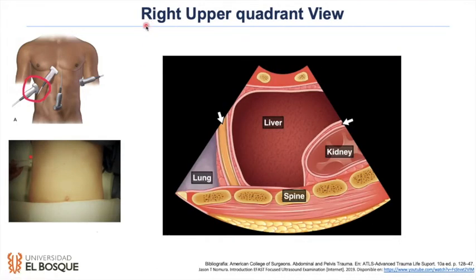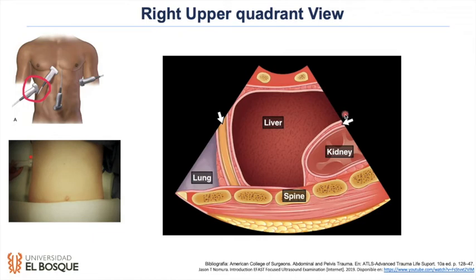Now we're going to see the right upper quadrant view, that is this one here and this one here. So you're going to place the probe on the right mid-axillary line, where it meets the costal margin here. So this is also an illustration of the anatomy that you're going to see.